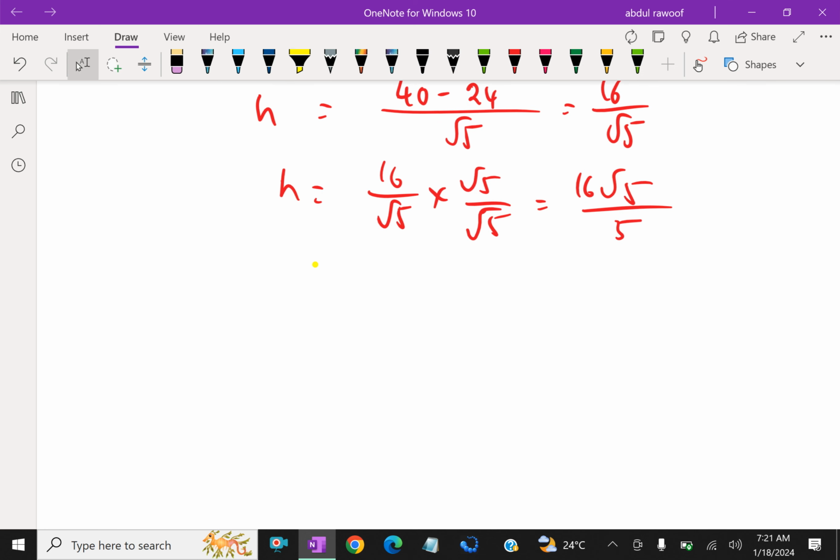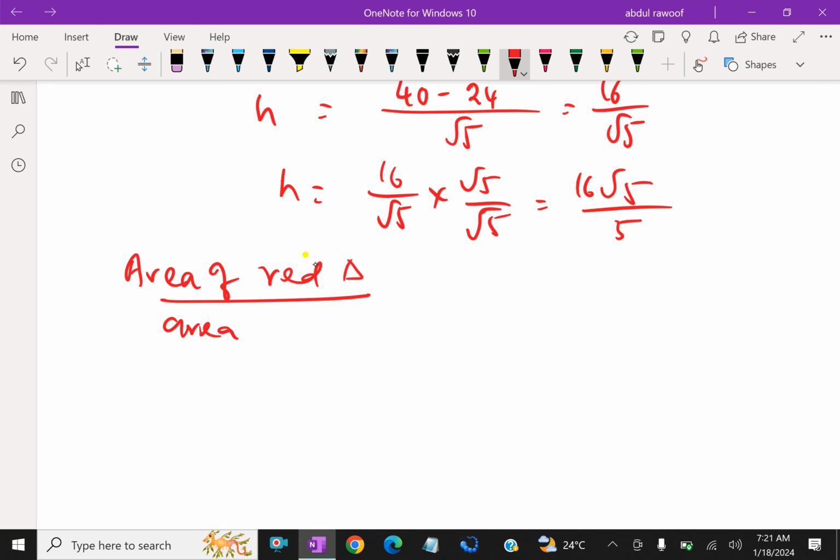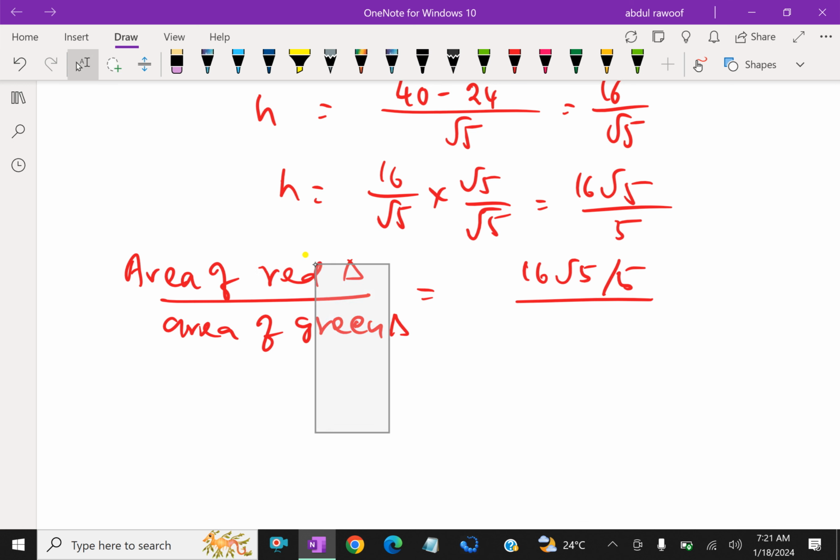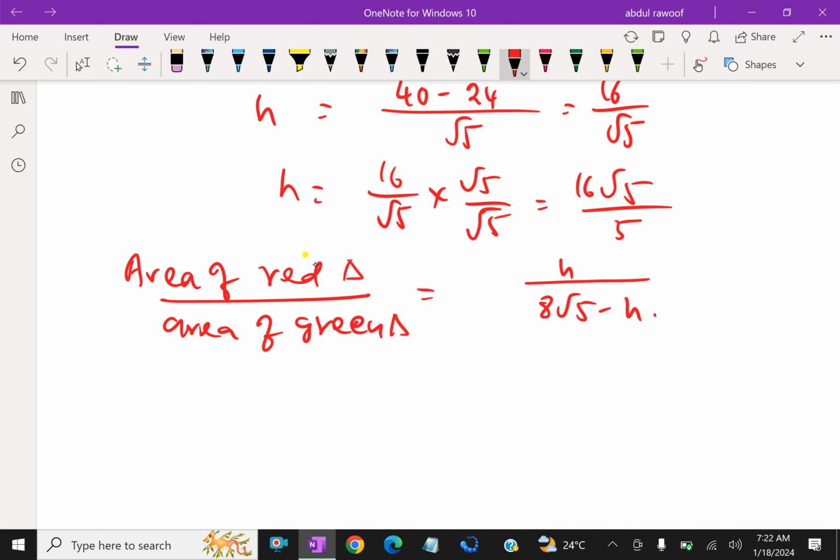Now we know that already the area of the red triangle over the area of the green triangle equals the ratio of their heights, h over 8 root 5 minus h. We already showed this.